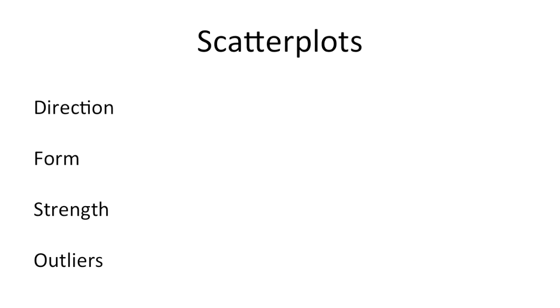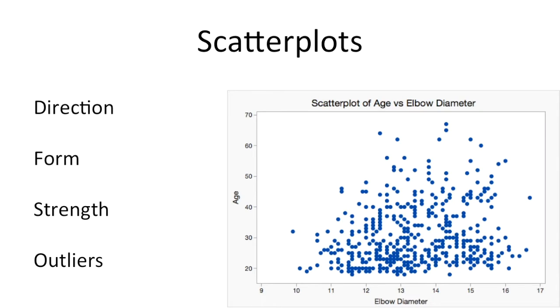We have one last example. Here we have a scatter plot showing the relationship between elbow diameter and age. These data were collected from a sample of American adults who regularly attend the gym. In terms of direction, I would say that there's no relationship here. So there is neither a positive nor a negative direction to this plot. I would just describe the form as a blob.